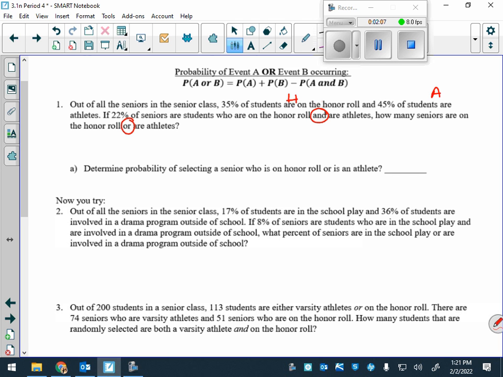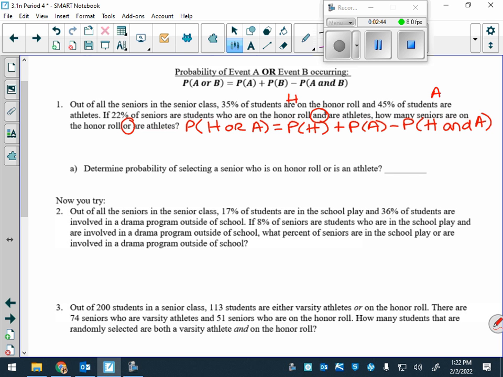So the formula is the probability of students that are on the honor roll or are athletes equals the probability of honor roll plus athletes minus honor roll and athletes. This is the formal formula, I would say. We're going to use it a lot in terms of the Venn diagram, but it's always good to know.